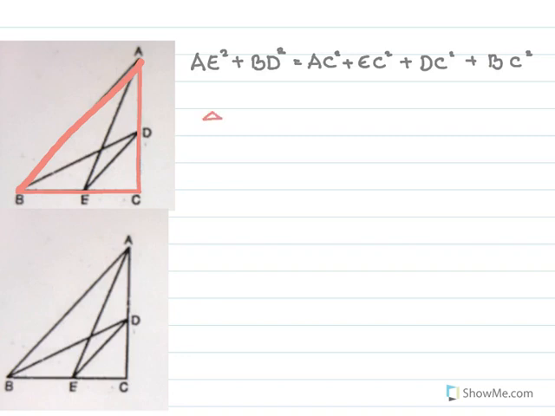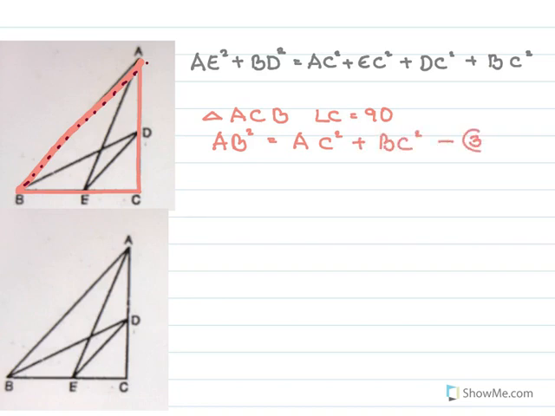So we have in triangle ACB, again right angle at C, AB is the hypotenuse. So we have AB square equal to AC square plus BC square. We'll put this as equation 3.